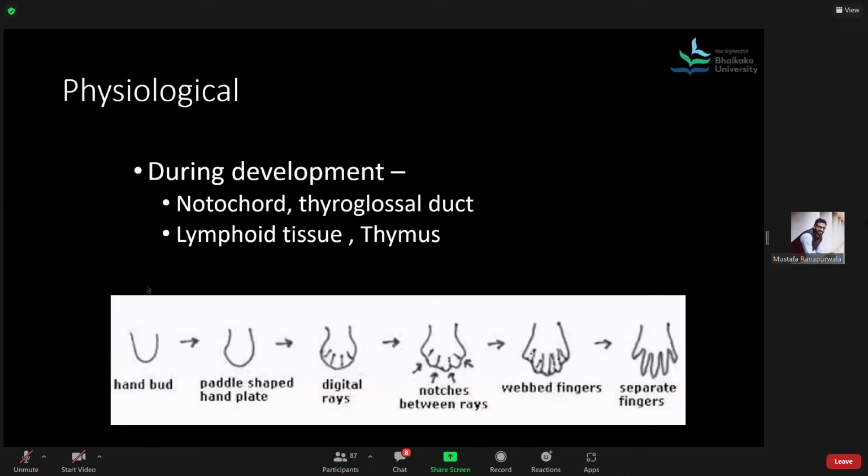They usually start with a hand bud, and then digital rays go inside, and these again start undergoing atrophy. So you see the growth of the hand bud followed by atrophy of these rays, which gives you initially webbed fingers and later on separate fingers and toes.